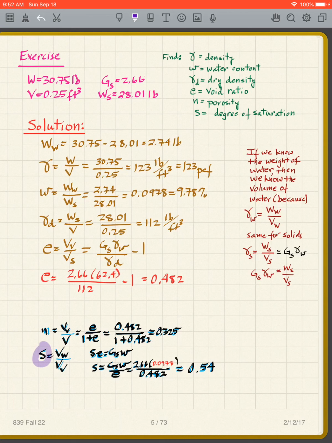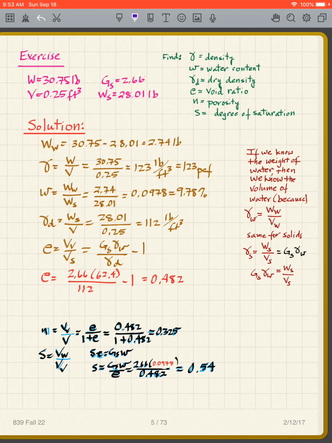Now we know the degree of saturation is volume of the water over volume of the voids, but another shortcut equation is that S times e is equal to Gs times small w, and I can simply solve this little equation for S, and I get S is equal to Gs times w over e. Plug those in and we get 0.54.